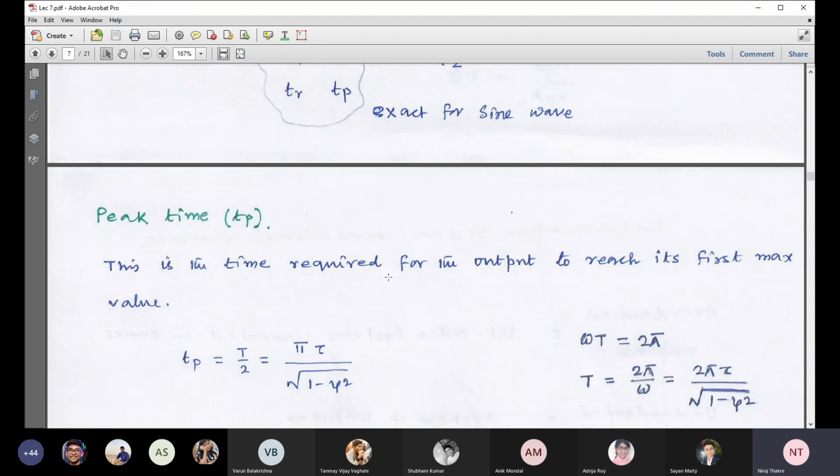Let us start with this peak time. We want to find the exact expression for all these terms: peak time or time to first peak, rise time, settling time, etc. Now let us start from this peak time.